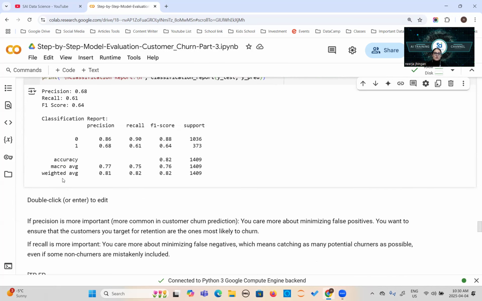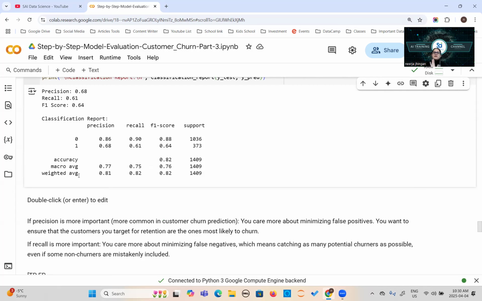Okay, so macro average and weighted average. Macro average is the average of each sample's precision or recall number. The weighted average will also consider each sample, but it multiplies with the weight and then takes the average of that.